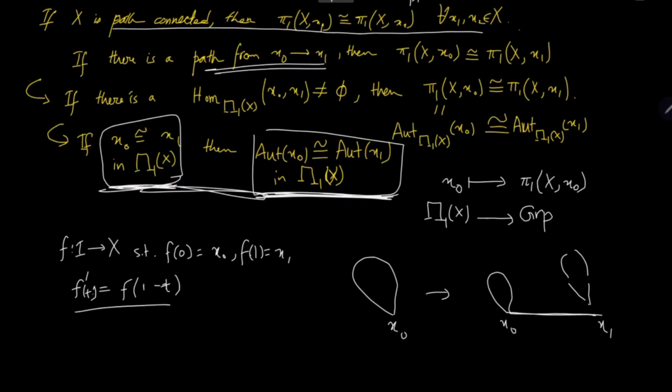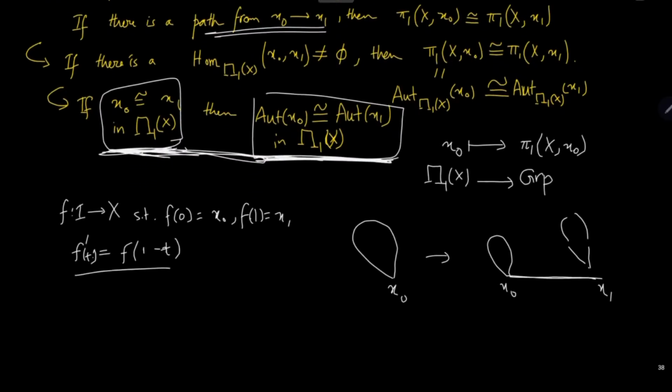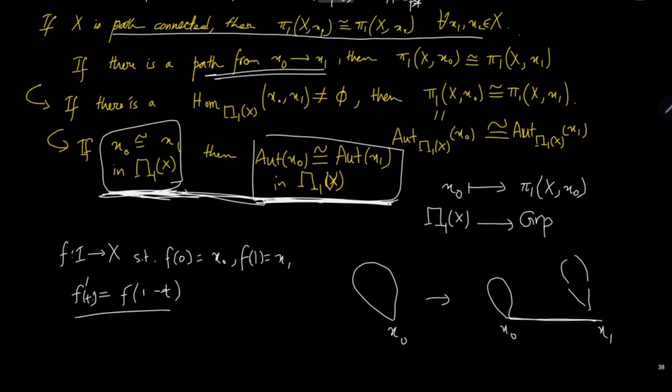It is almost a foundational fact that isomorphic objects are sent to isomorphic objects by any functor. You conclude the same trivial fact that if there is a path between two base points, then those two base points give rise to the same fundamental group.